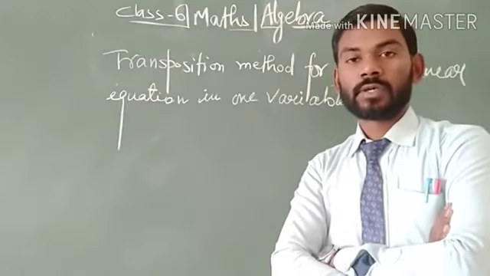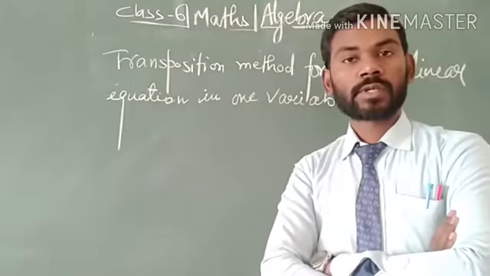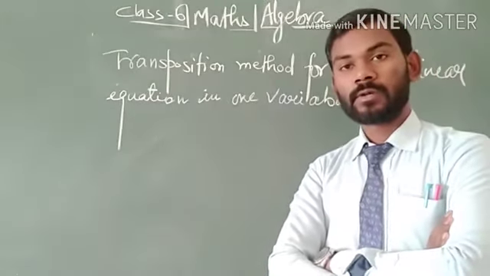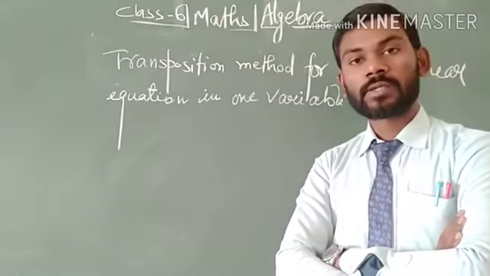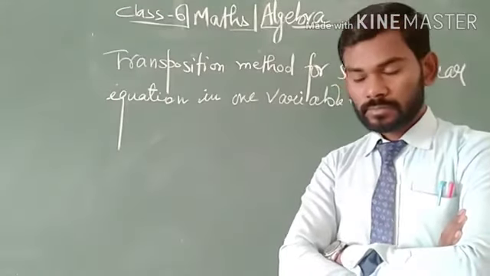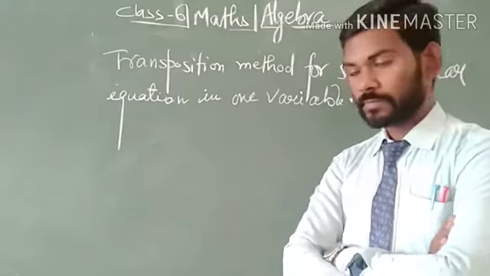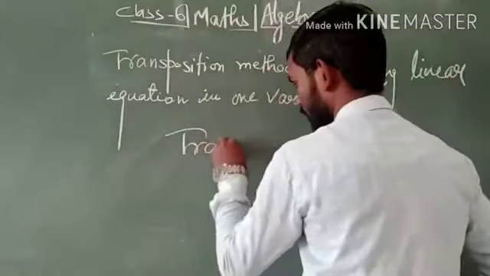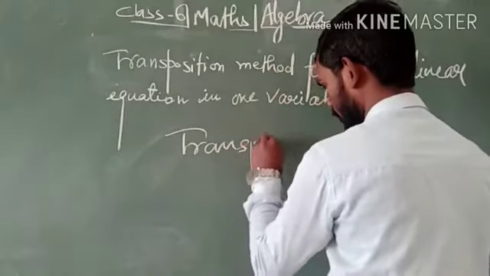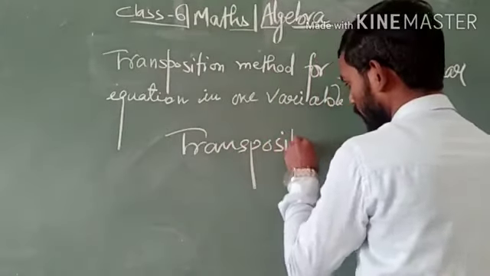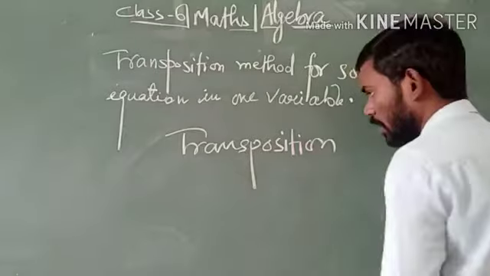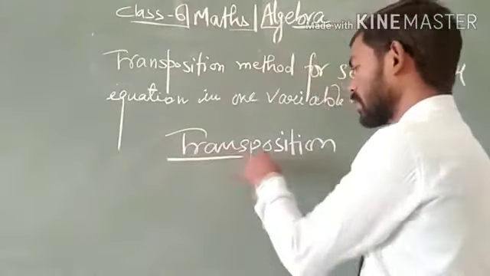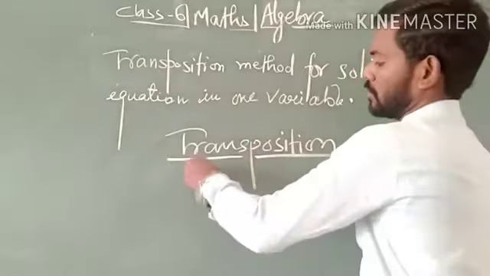Okay student, so now let us see what is the transposition method. First of all, we should understand the meaning of transposition. The word transposition is derived from two words, that is trans and position.